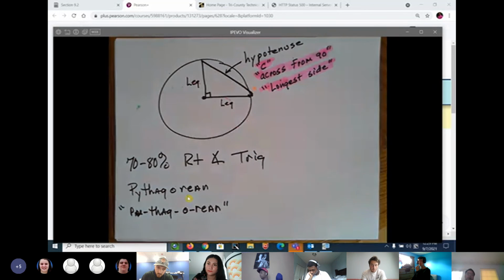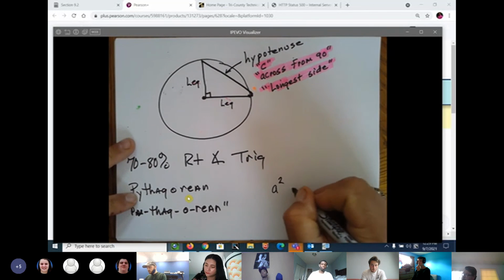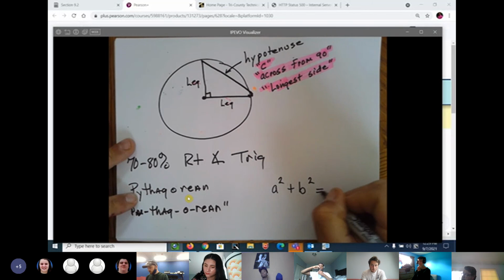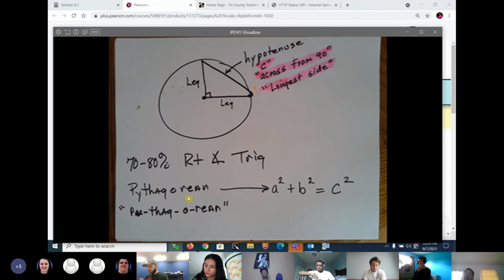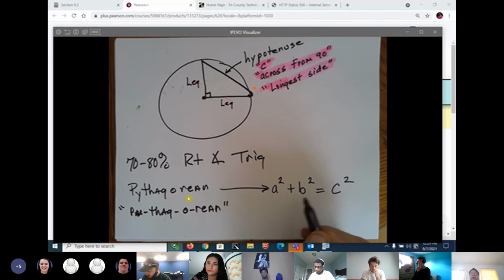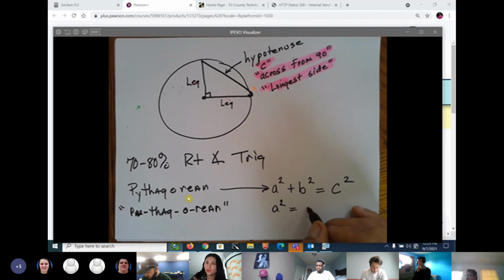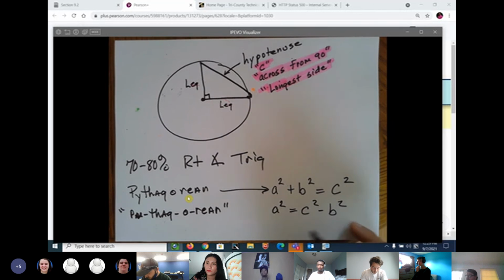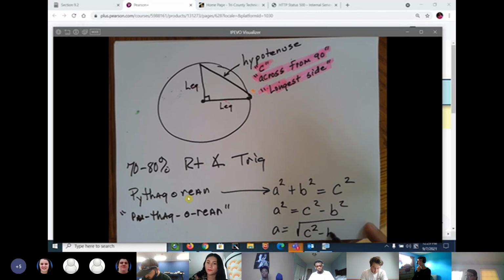The Pythagorean theorem is a squared plus b squared is equal to c squared. Now, you need to be able to solve for any one of these letters. And you can do that. Solve for a: a squared is equal to c squared minus b squared. A is equal to the square root of c squared minus b squared.